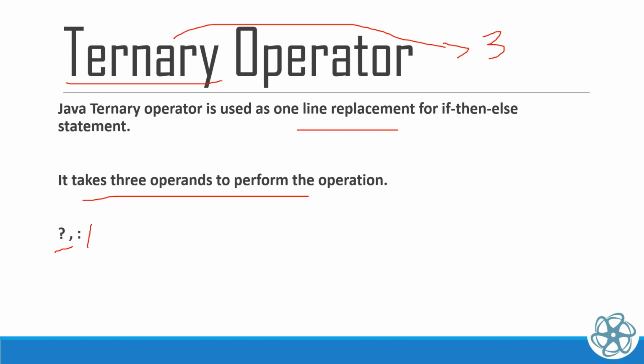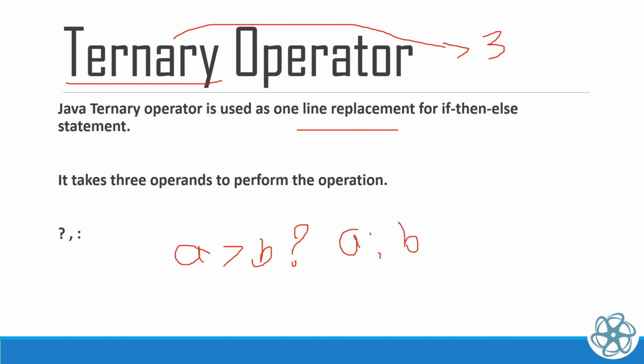And theoretically, let me tell you, here I give A is greater than B, question mark, A colon B. If this condition is true, say if I take A is equal to 2 and B is equal to 1, as 2 is greater than 1, the condition is true, right?